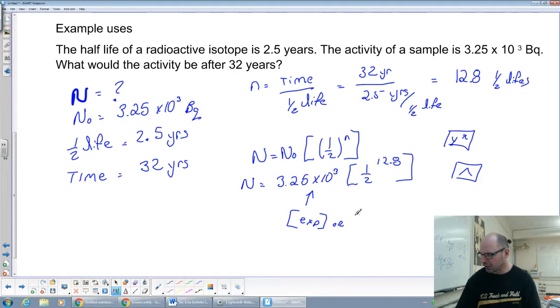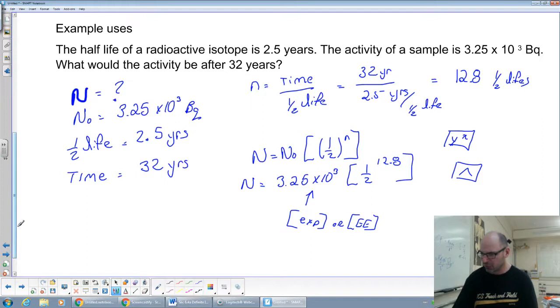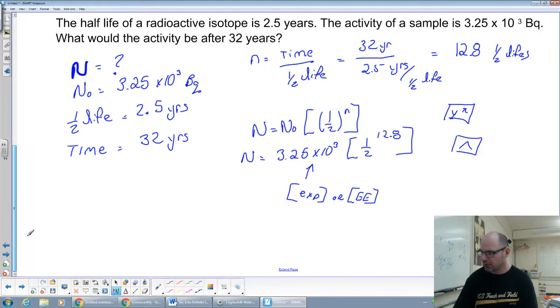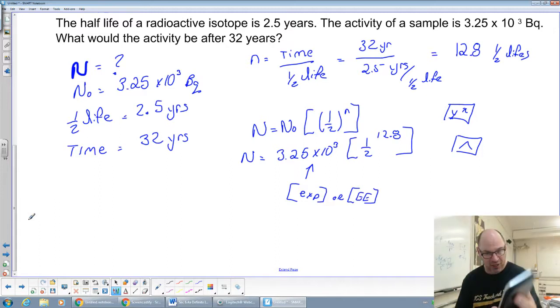Don't use the multiply sign there because you'll mess it up. Anyways, we don't start with that anyway. We start with 1/2 to the power of 12.8. So the first thing you do is 32 divided by 2.5, and it actually works out to exactly 12.8, which is really nice for us. Okay, so then we go from there.